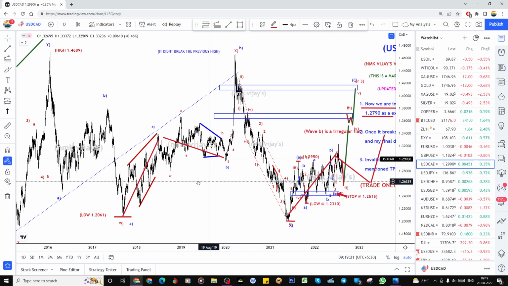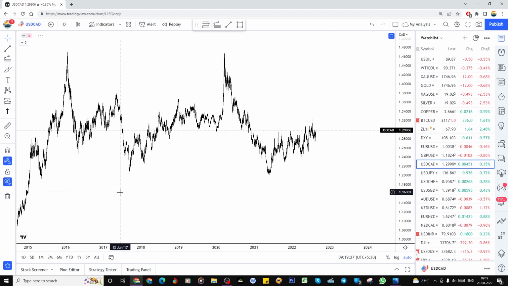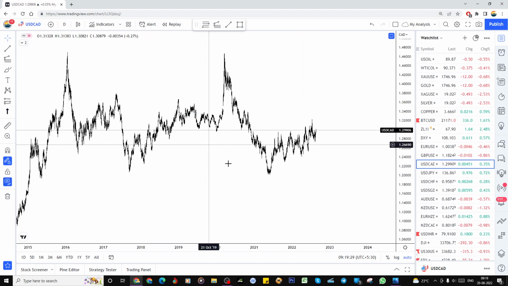This is the one I'm looking for, the bigger correction I'm expecting. So just hide this. Look at this, the factors. This is the one that's completed. Now I'm looking for this, and again this one may or may not, but I'm looking for the correction for the target of nearly 1.2560 or 1.26.